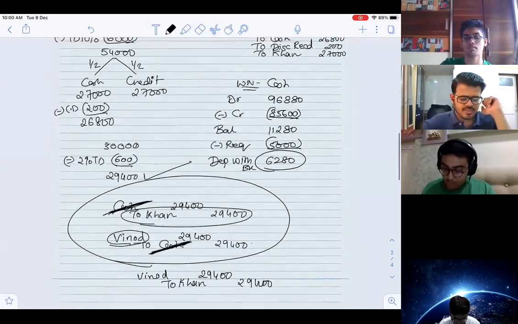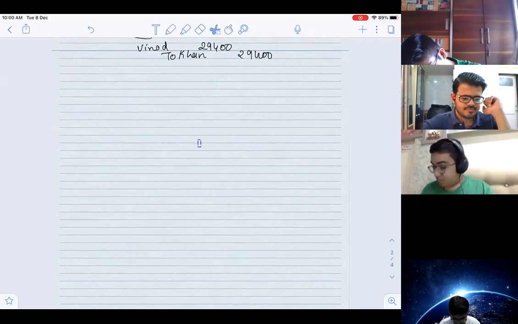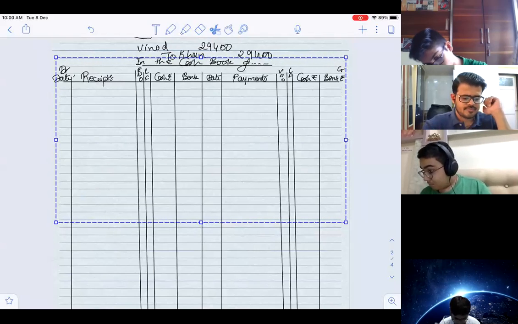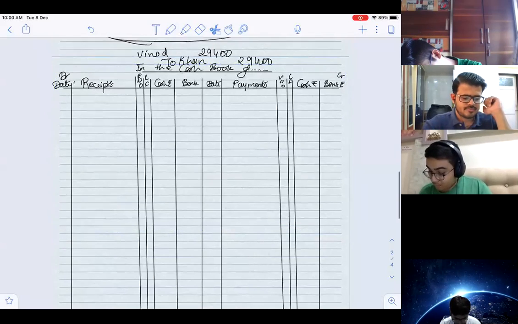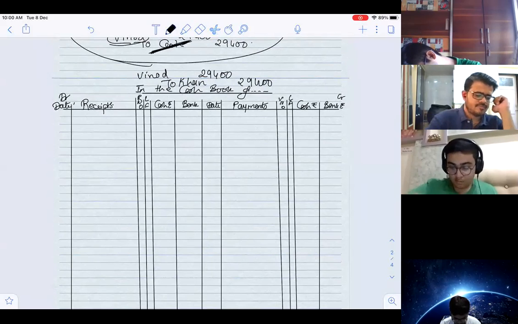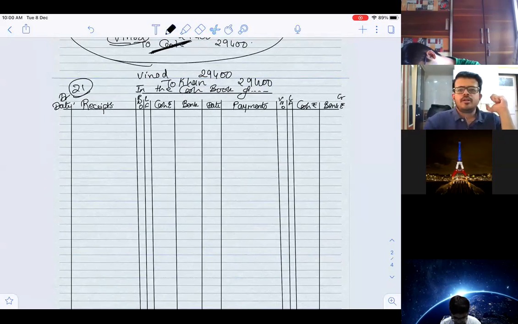Draw the columns for the next sum. It's a double column cash book, not a triple one. Okay, it's a double column cash book. Normally triple नहीं है तुमको.